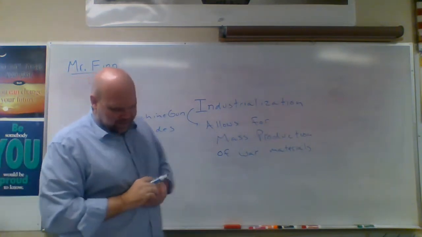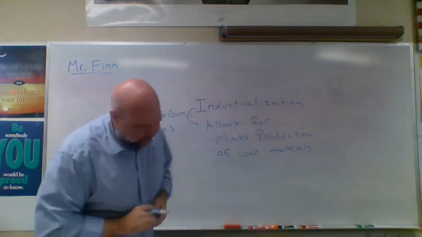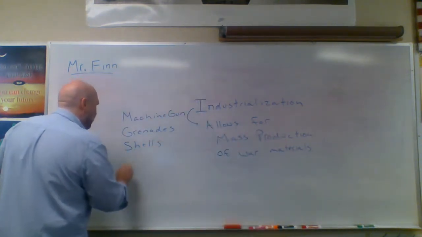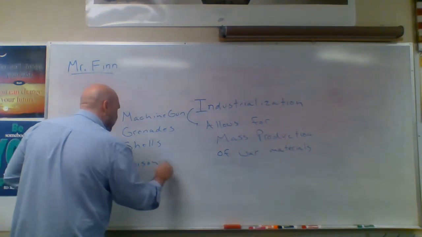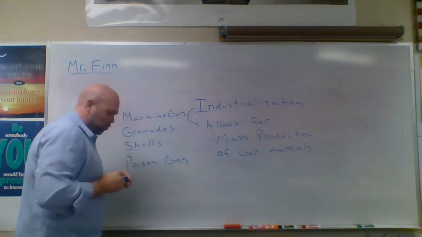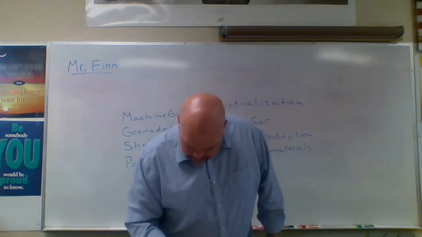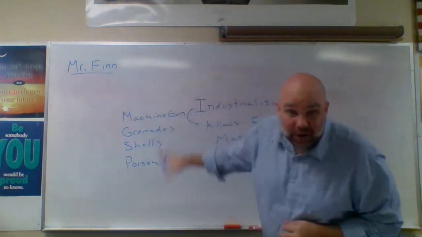I think I have a list here. I know we have poison gas. There's a couple more things. Oh, artillery shells, that's what it was. But other things that happen, poison gas was a big one. Yep. So industrialization is going to allow for mass production of these things.